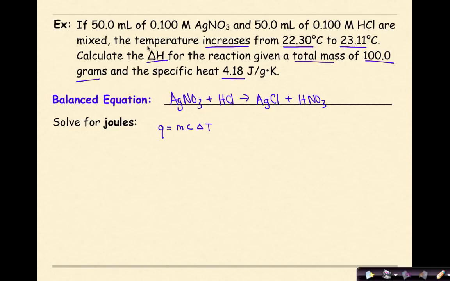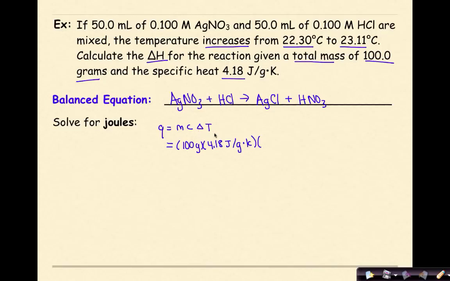And since this is primarily an aqueous solution, I know that 100 milliliters is basically going to equal 100 grams. So my mass here is going to equal 100 grams. Since the majority of my solution is water, I'm going to use the specific heat capacity of water, which is given to me, which is 4.18 joules per gram Kelvin.